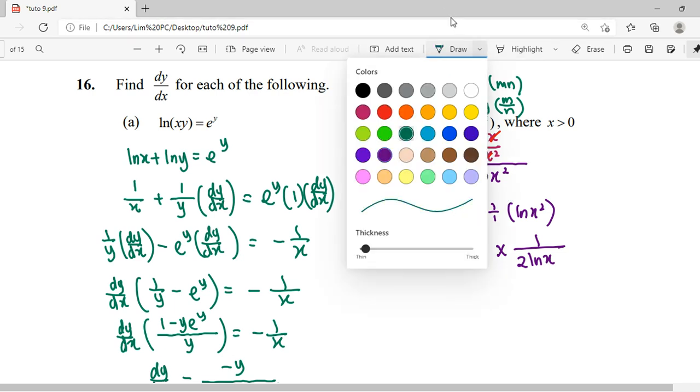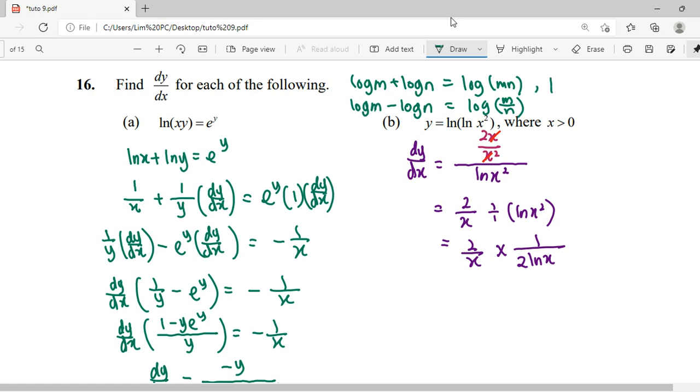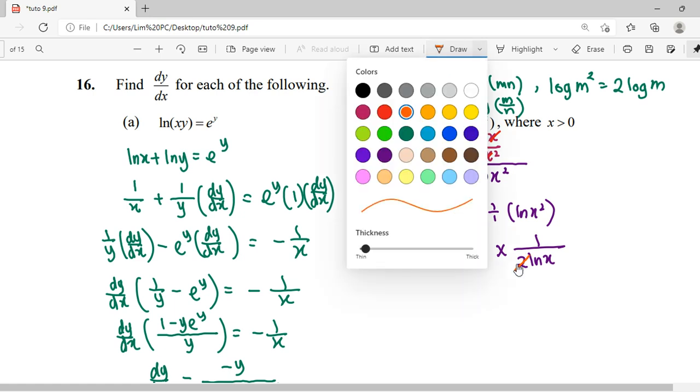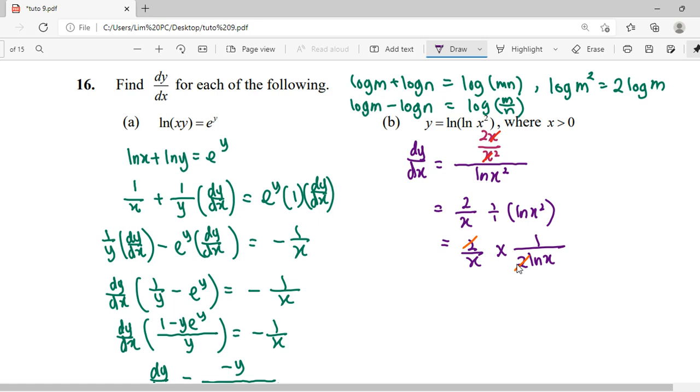We have another property we always use: when we have ln of x squared, it becomes 2 ln x, because when the item is in power, the power can move to the front. So we can simplify one more time, which is 2 times 2 divided by 2. So here it becomes 1 over x ln x.